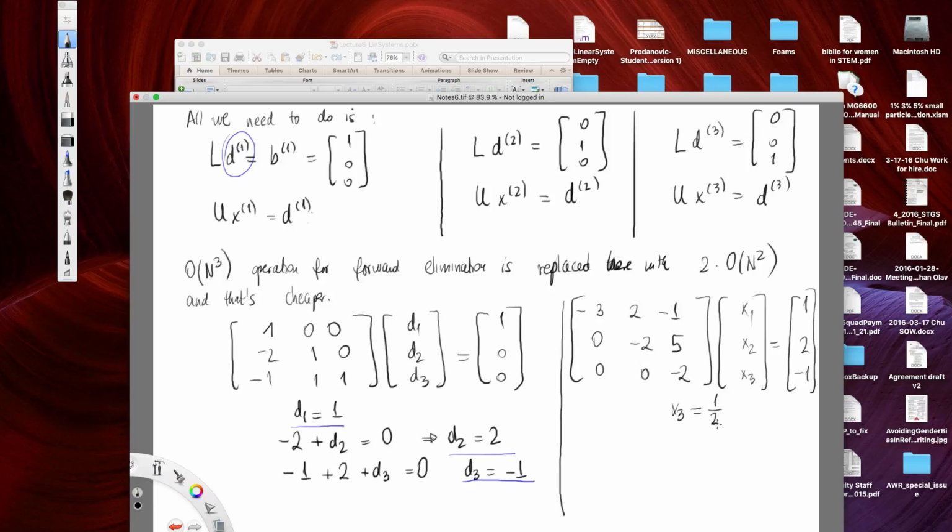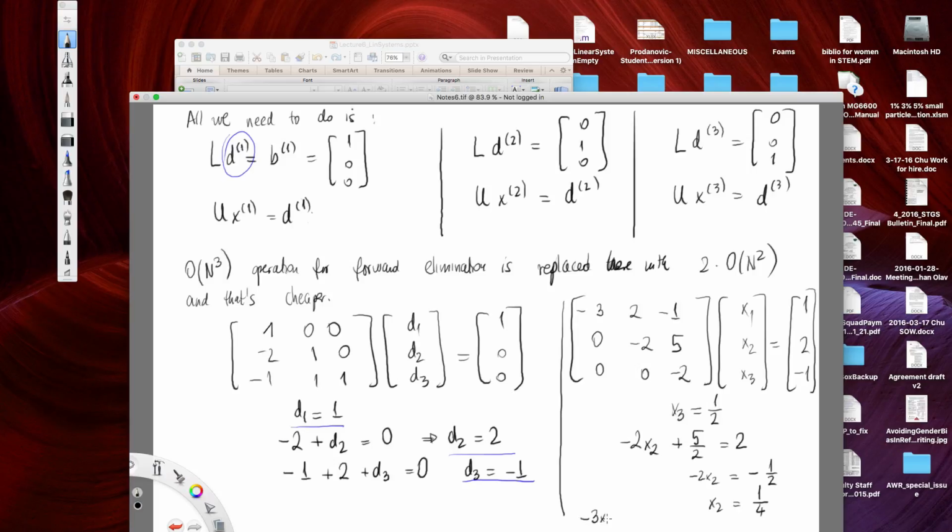One half. Okay, and then can you do the second one for me too, because this was easy? So what is x2? Yeah, so x2 is, and next, how do I get x1?